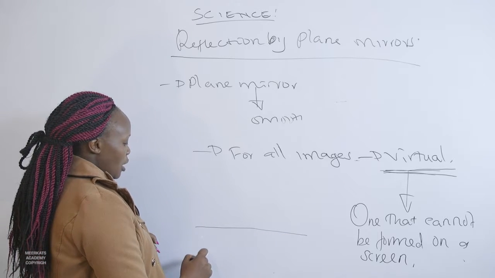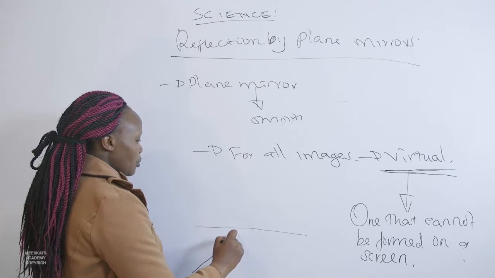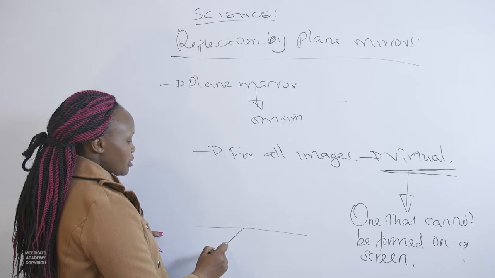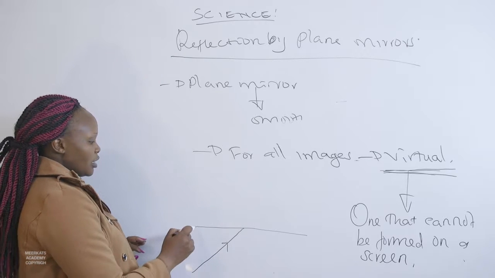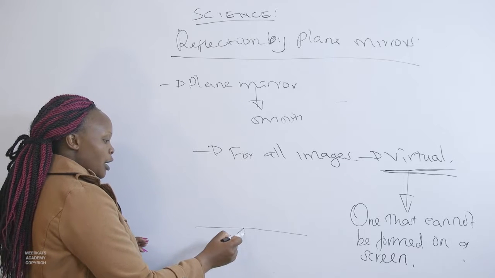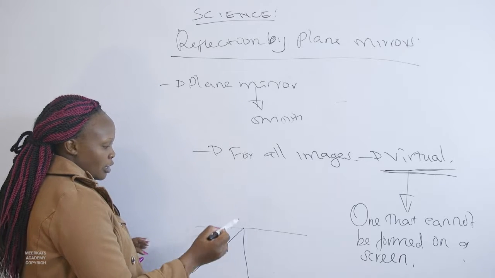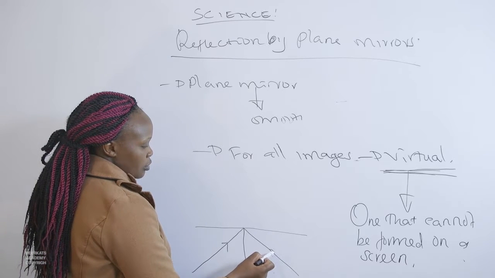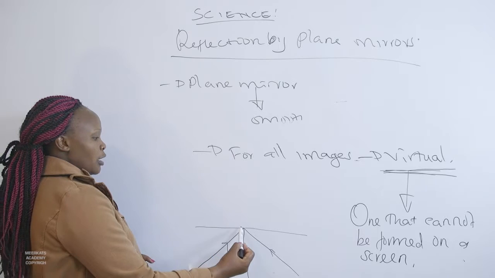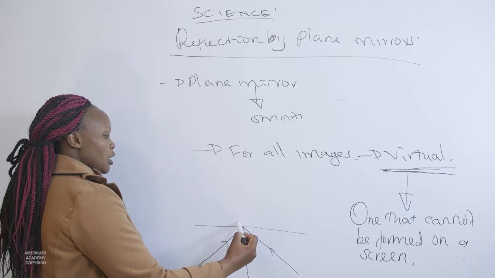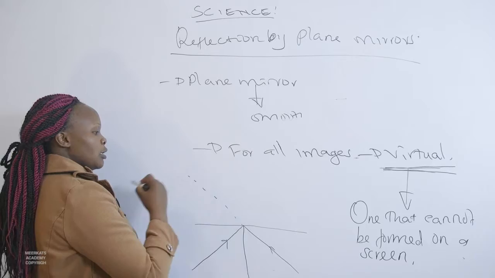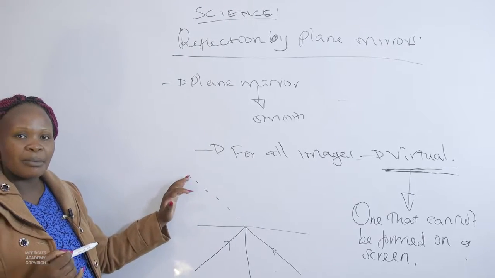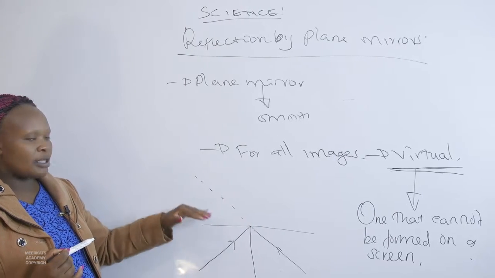If this be our mirror, we have an incident ray traveling to the mirror. We have our normal there. Then this ray is going to be reflected that way. Then this ray will appear to be originating from some point behind the mirror.